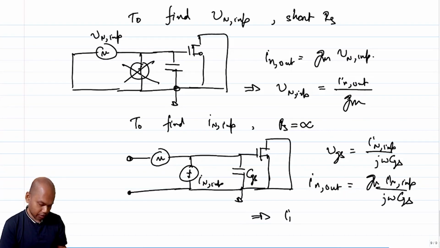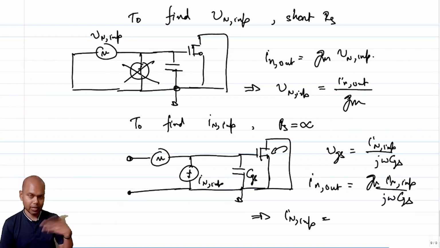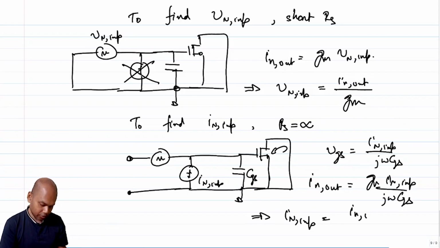By the way, the current direction has to be taken into account in both cases. So your In INP is In out times j omega CGS over gm.